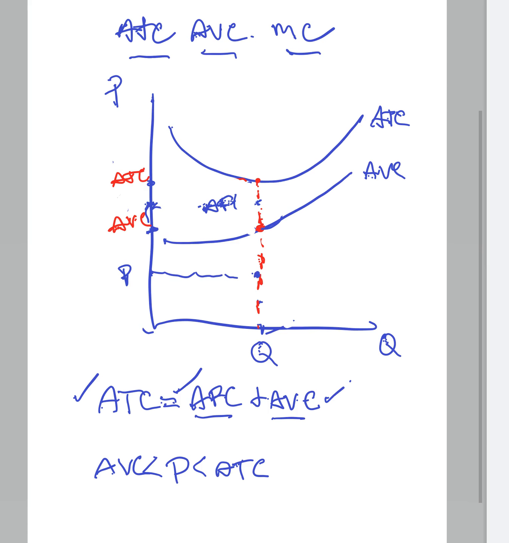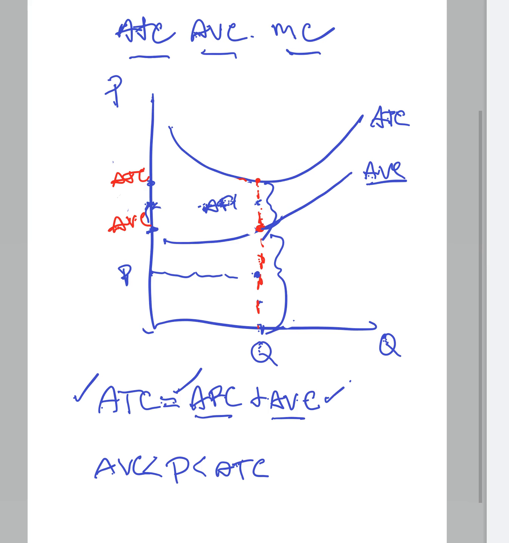So in this case, you're not covering all of your average variable cost, and you're not covering any of your average fixed costs. So in this particular case, you would temporarily shut down, because if you temporarily shut down, you will still have your fixed costs, but at least you will save your average variable cost.